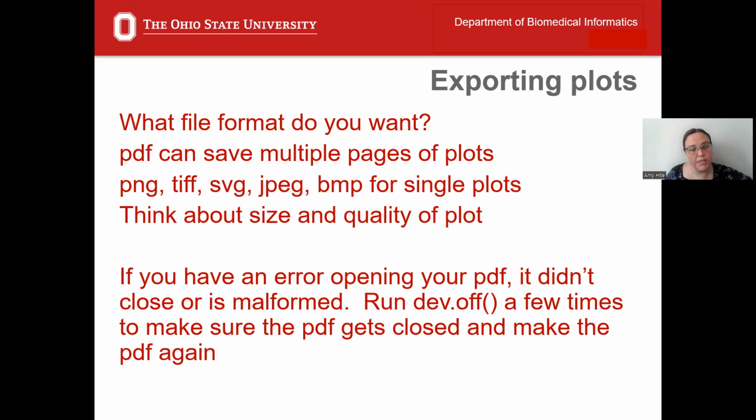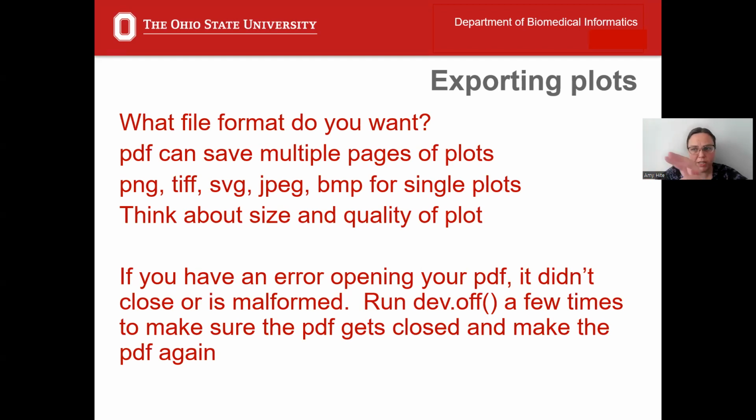As we're exporting these plots, we have a command that opens a file. If we're going to do a PDF, the function is pdf, and in parentheses, we specify the file in quotes. You can control the height and the width of that file. There are some other options. You can check those out in the help panel.